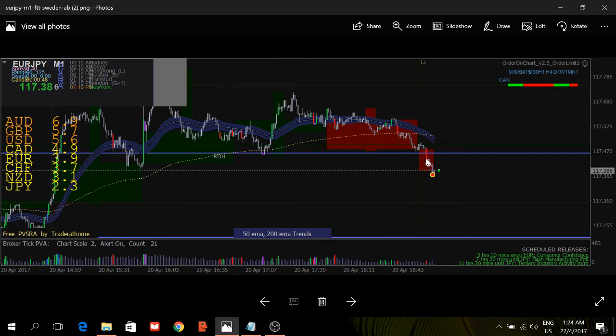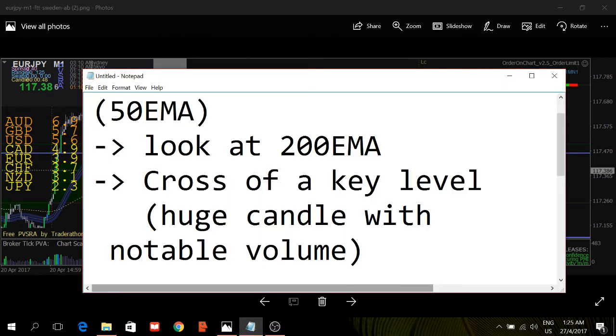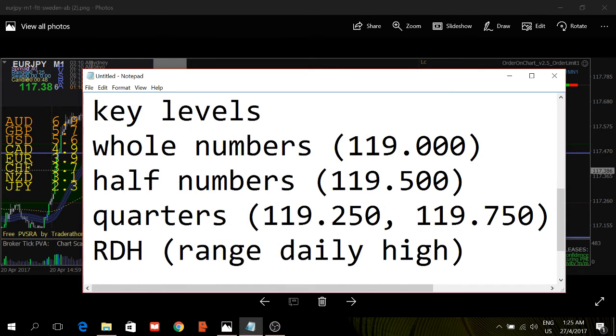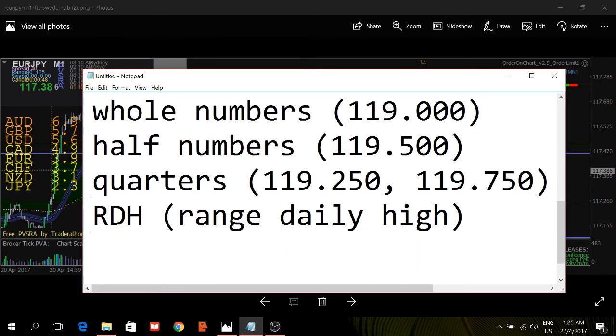And I had a huge cross of a key level. In this case the key level was RDH. What is RDH? I said I would come back to this later, so this is the time. RDH is the range daily high.